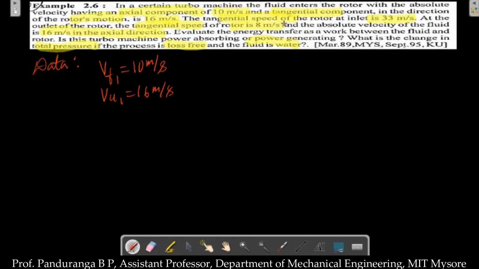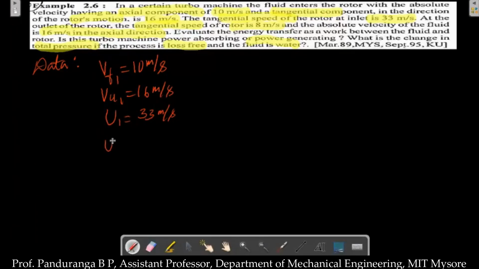And the tangential speed of the rotor at inlet is 33 meter per second. So the tangential speed of the rotor is capital U, and I'll call it U1 because at the outlet he has given some other value. So U1 is equal to 33 meter per second. At the outlet of the rotor, the tangential speed of the rotor is 8 meter per second.